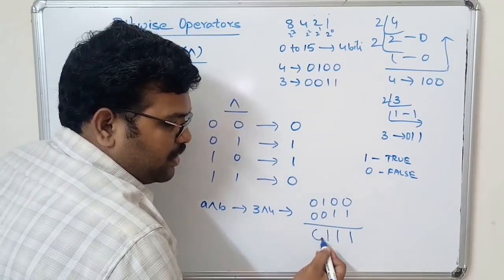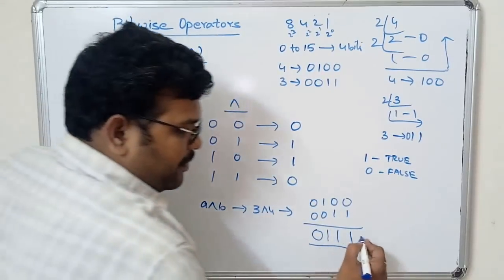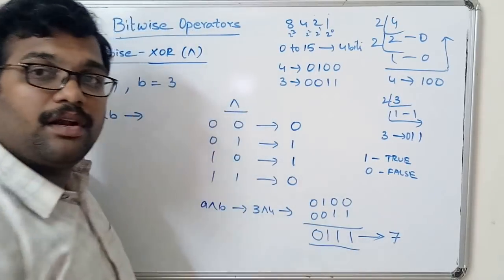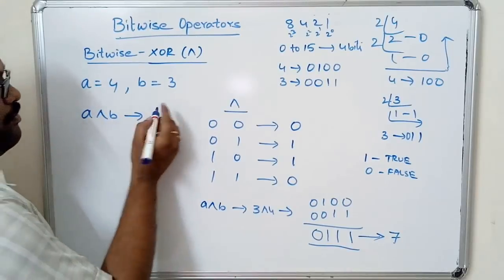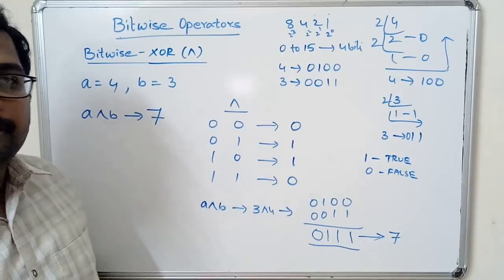Both are false, the resultant will be 0. The same result we got. That means the decimal equivalent is 7, which we get for OR operation. So A XOR B will also give the result as 7.